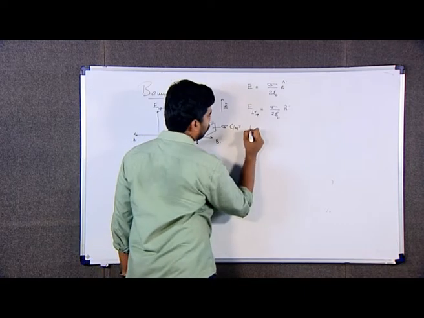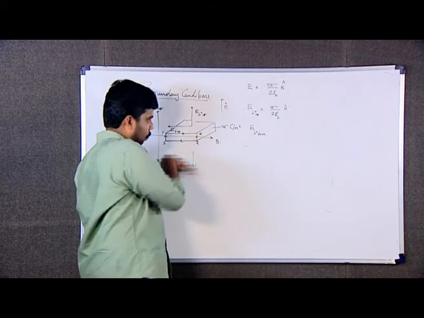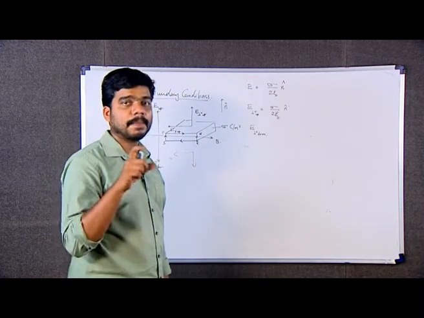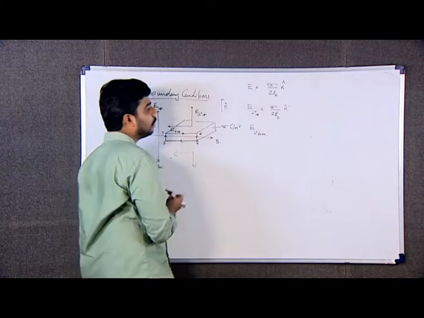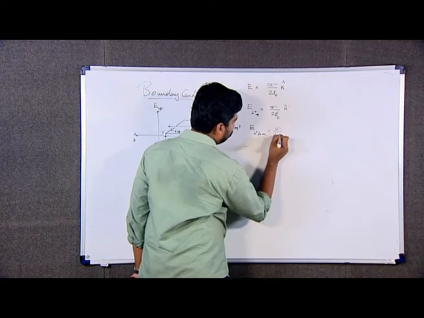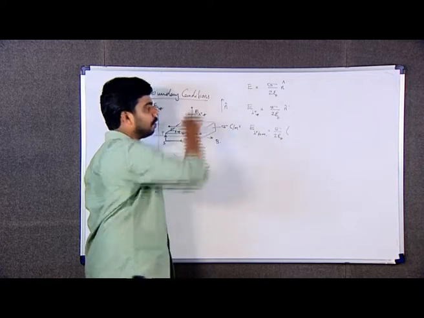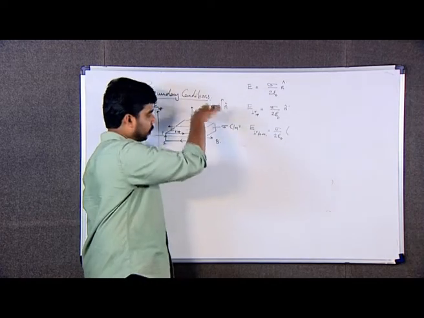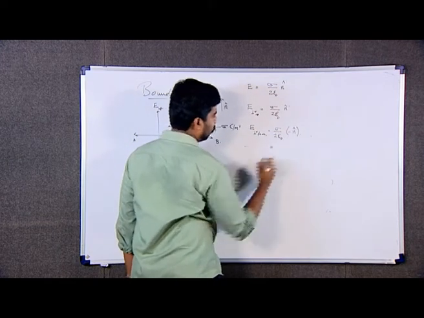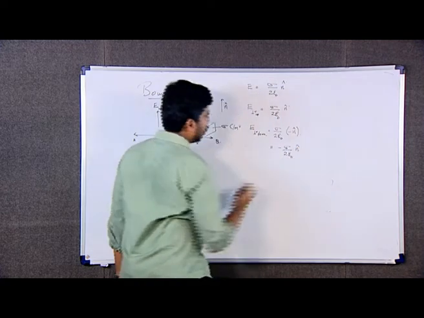So what about the E perpendicular down component? In the lower part also, E has the same magnitude. If the surface charge density is sigma, E perpendicular down is equal to sigma by 2 epsilon 0 into not n cap, because we have set n cap in the up direction. So now the n cap will become minus n cap, which is equal to minus sigma by 2 epsilon 0 into n cap.